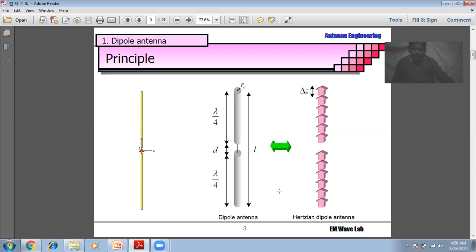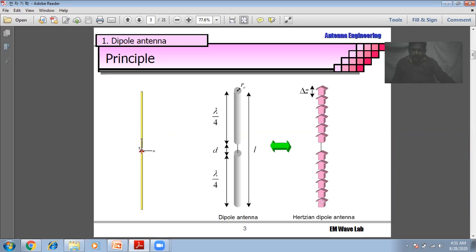Here each and every element is called a current element. This is one current element, this is another current element, this is another current element. The Hertzian dipole antenna is nothing but a current element. Here the distribution of the current in this Hertzian dipole is assumed to be constant.